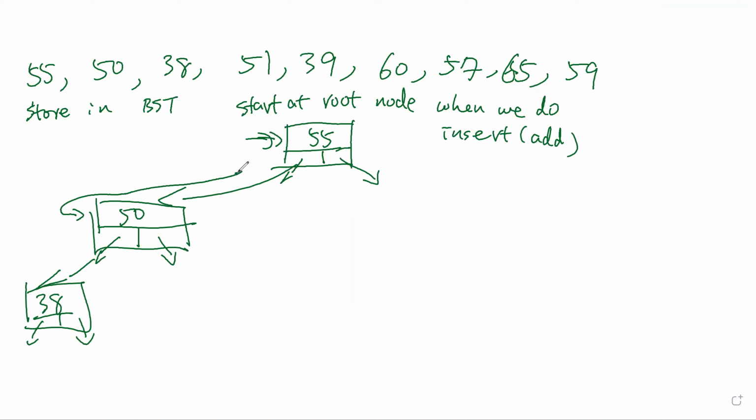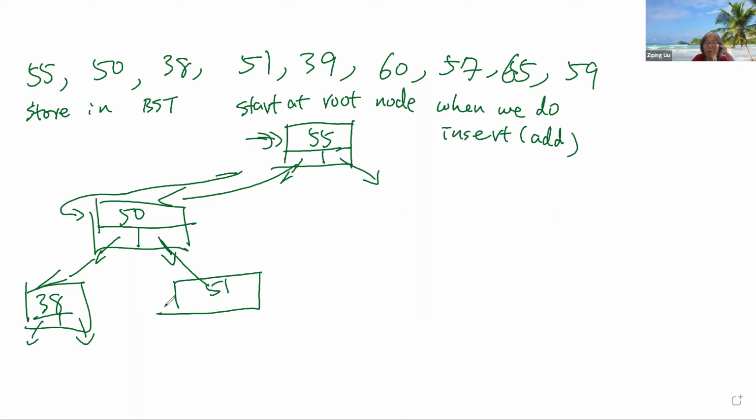Left. So go to left, and then you come to node 50. Then you should go left or right? Right. It's greater, so it should go to right. So now I'm done with this.